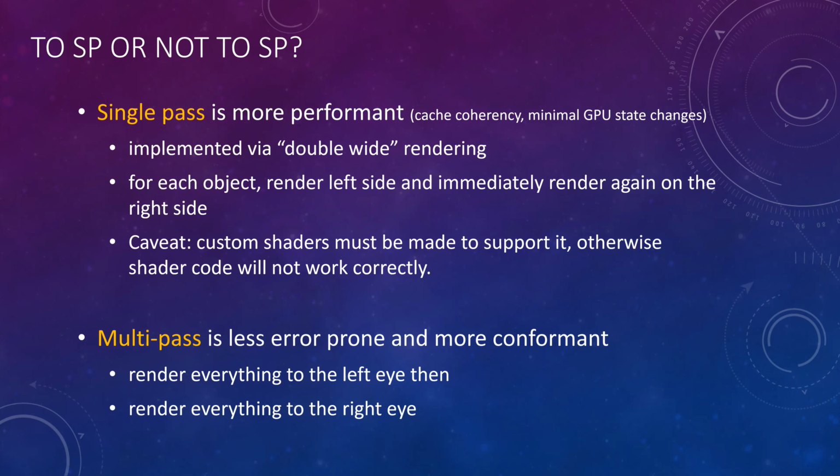So that's something to be aware of if you're trying to squeeze out that extra bit of juice, and you want single pass and it's not working. But if you want to be lazy about it, multi-pass will get you there, and if you have strong enough hardware, maybe it doesn't even matter. You can pretty much expect things to work as best as they can when you use the slower multi-pass version.